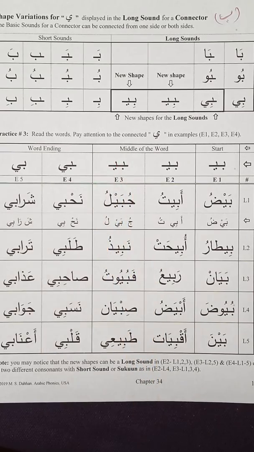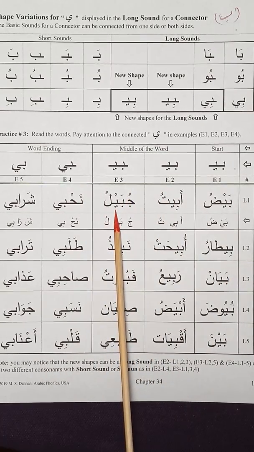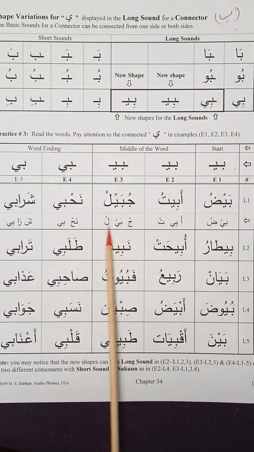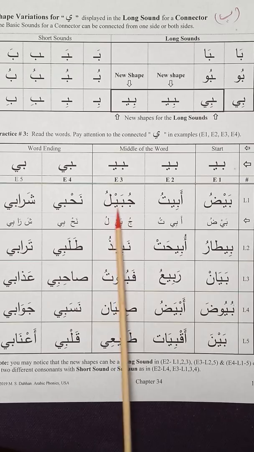You did not see this before. This is baylu. As I said, you can ignore everything I said and just read it and apply the connection rules and read what you're looking at. You know this is ya, right? You already know that because you've seen it before like that. Now you've seen the half shape of the ya.